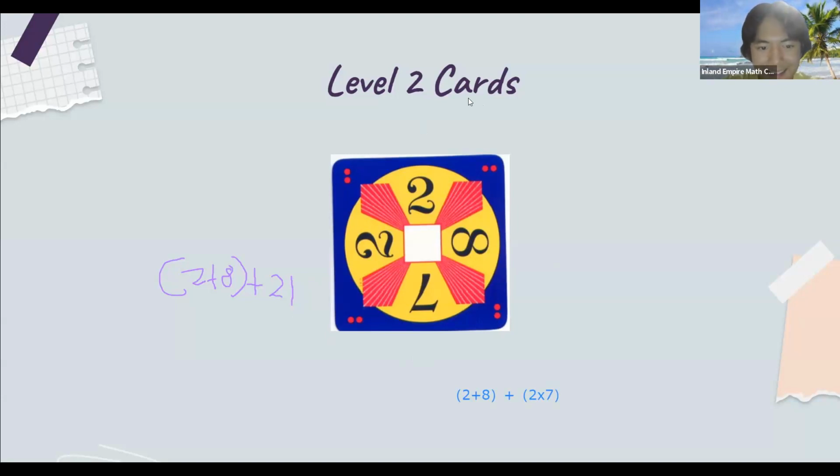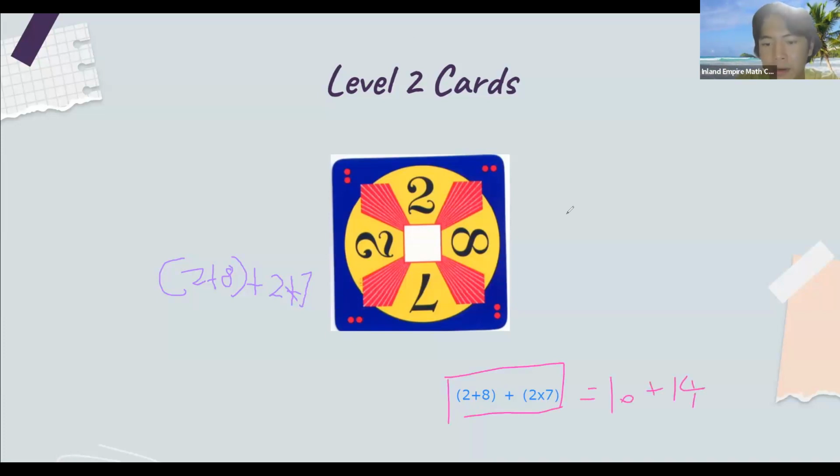All right, so looks like we've all pretty much got it. The answer is 2 times 7 plus 2 plus 8. And in this case, you actually don't need parentheses, because if you do this thing here, yes, you'll get 10 plus 14.